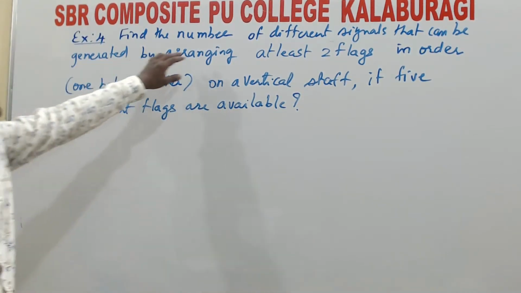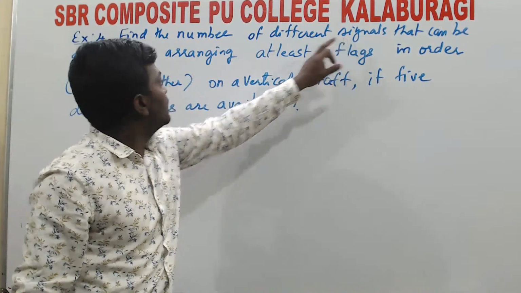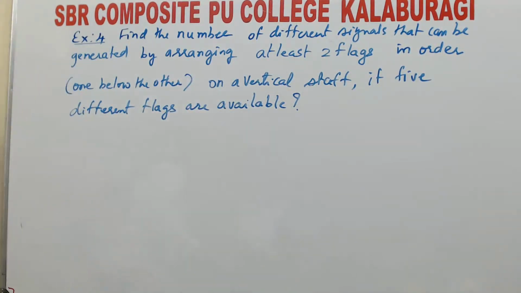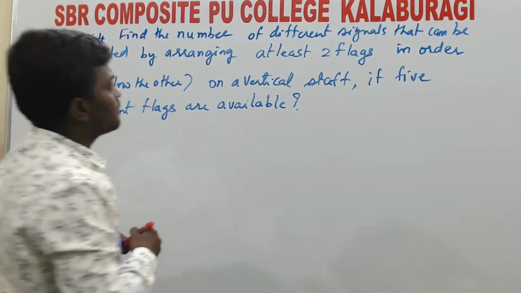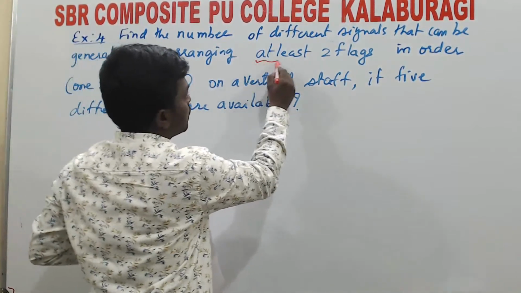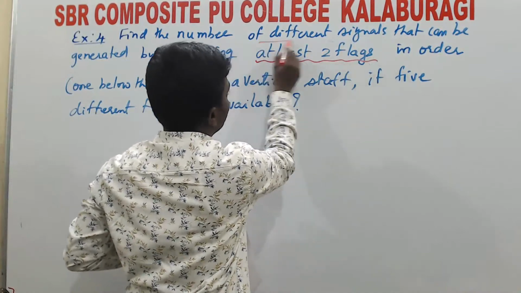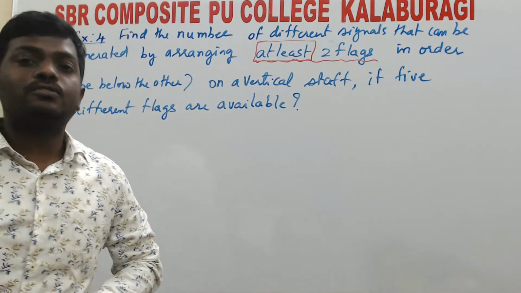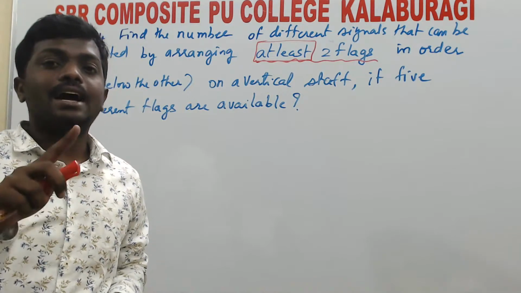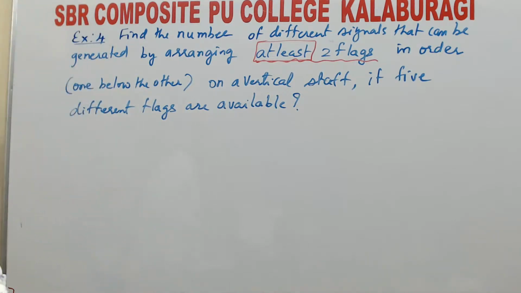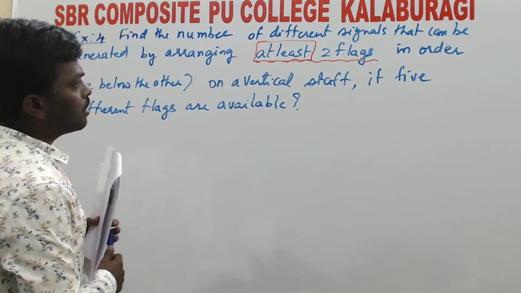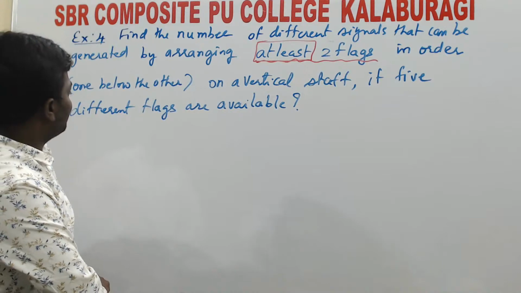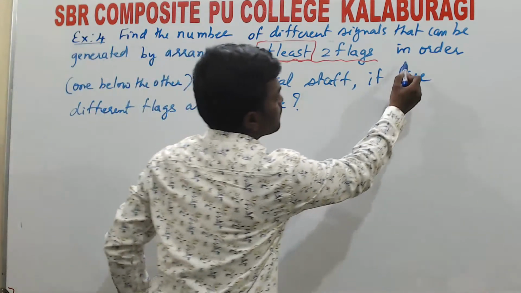okay, find the number of different signals that can be generated by arranging, this is important here, by arranging at least two flags. They are not asking us to arrange two flags. They are asking us to arrange at least two flags. Okay, two flags in order, one below the other on a vertical staff.